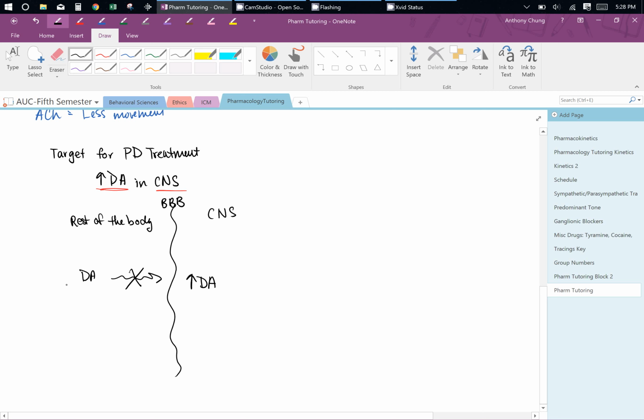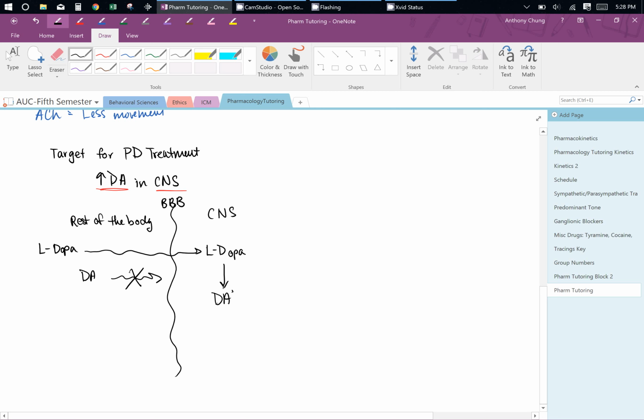So since dopamine doesn't work, the precursor, levodopa, is able to cross. And then once it crosses, it will get made into dopamine.